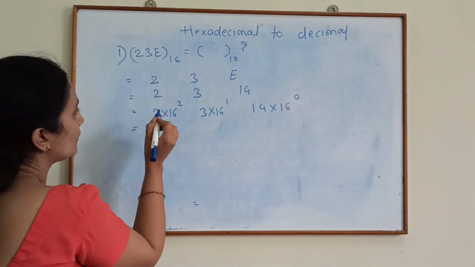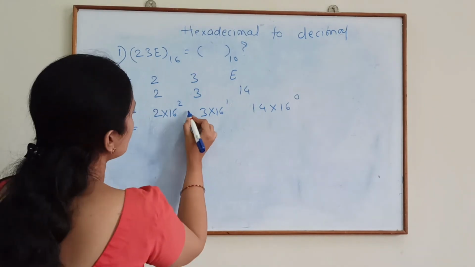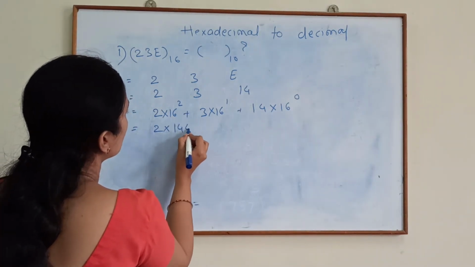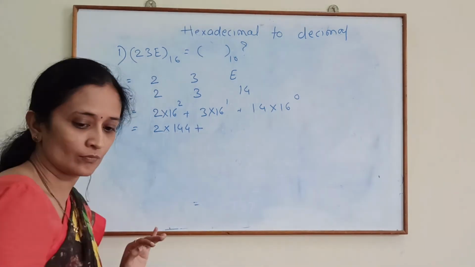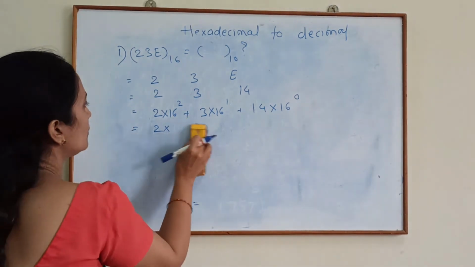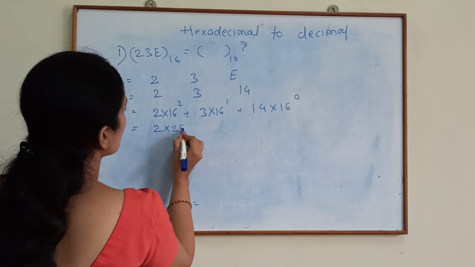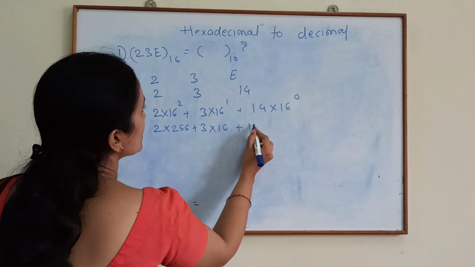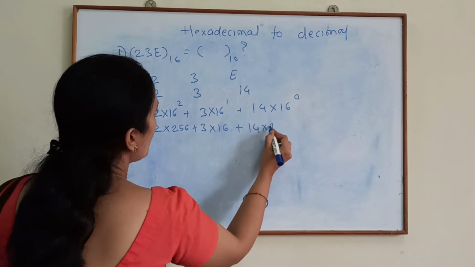Therefore, we can write like this: 2 into 16 squared, which is 256, plus 3 into 16 plus 14 into 1.